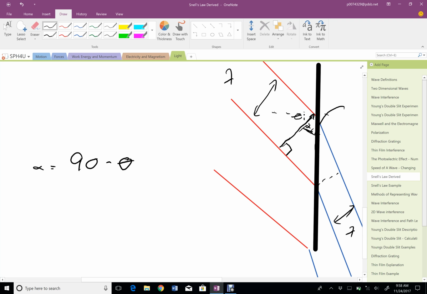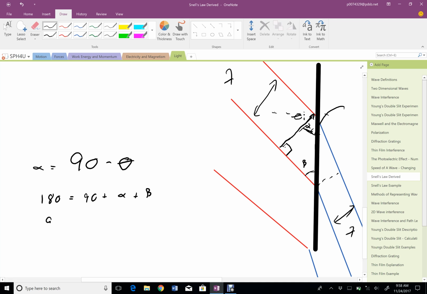If I try to find this angle right here, the whole triangle adds up to 180, which is equal to 90, the right angle, plus alpha, plus this other angle, which I'll call beta for now.